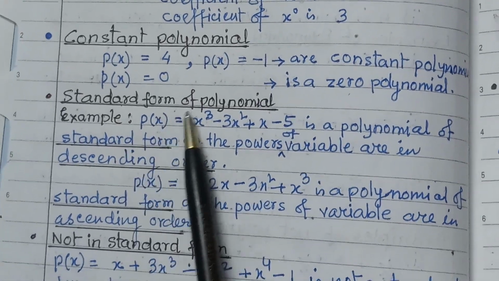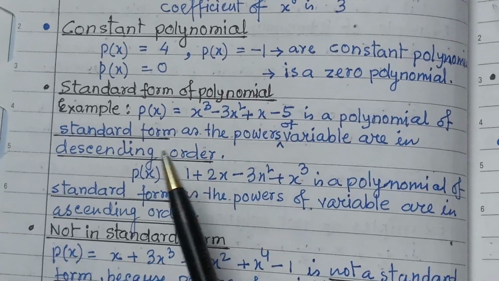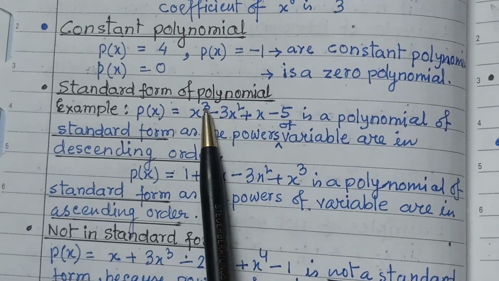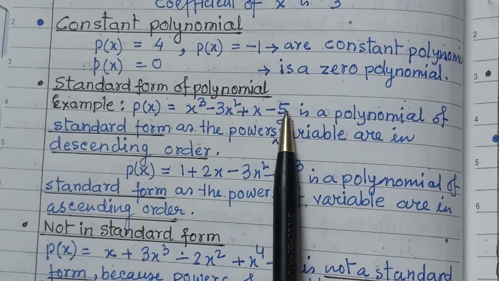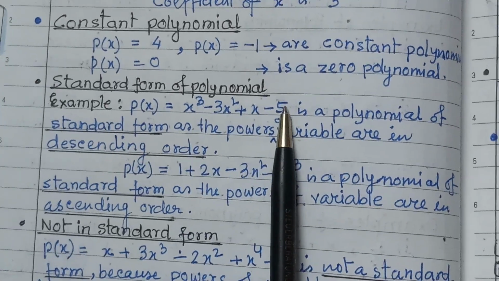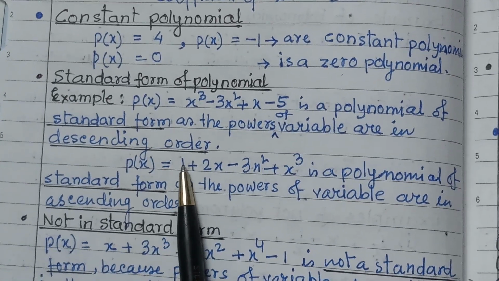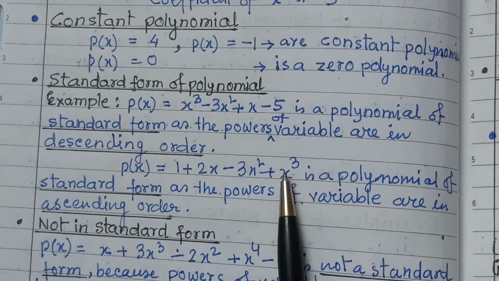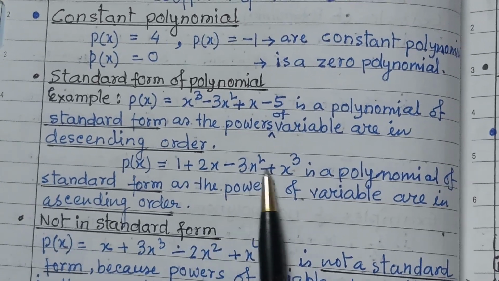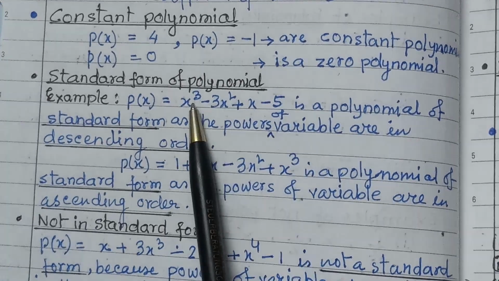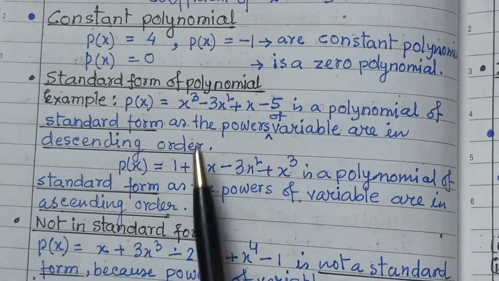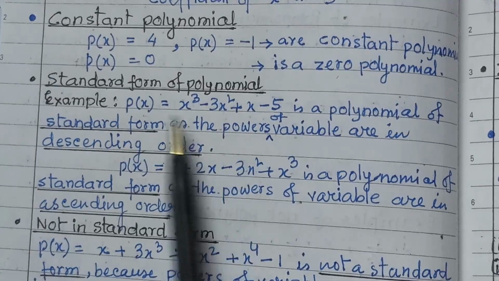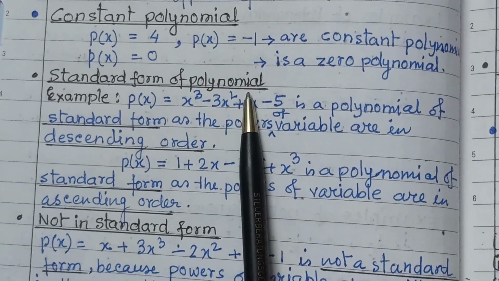Now the standard form of a polynomial. If the exponents go 3, 2, 1, 0, it is in descending order. Here x to the power 0, x to the power 1, x to the power 2, x to the power 3, it is in ascending order. When the exponents are in ascending or descending order, it is called the standard form of a polynomial.